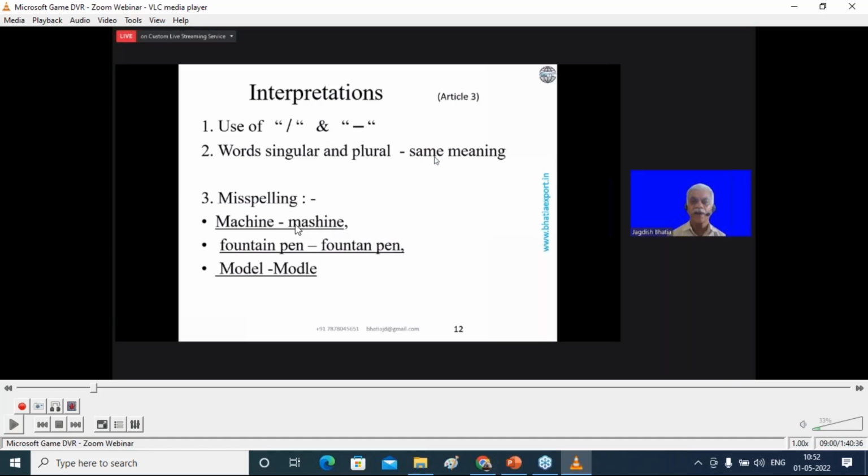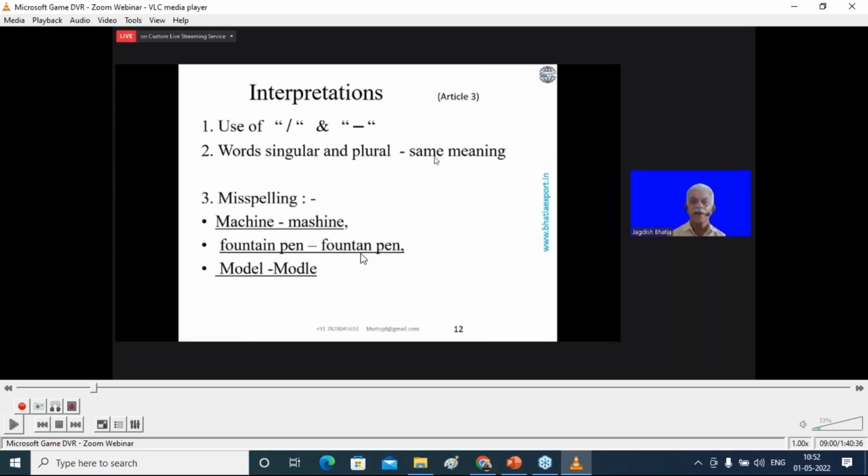Similarly, "fountain pen" spelled differently is not treated as a discrepancy, because it is not intentionally made, or some spelling errors can happen, or some practices like I told you, color and colour. Both in American English and British English the spelling has some distance, but the meaning is the same.